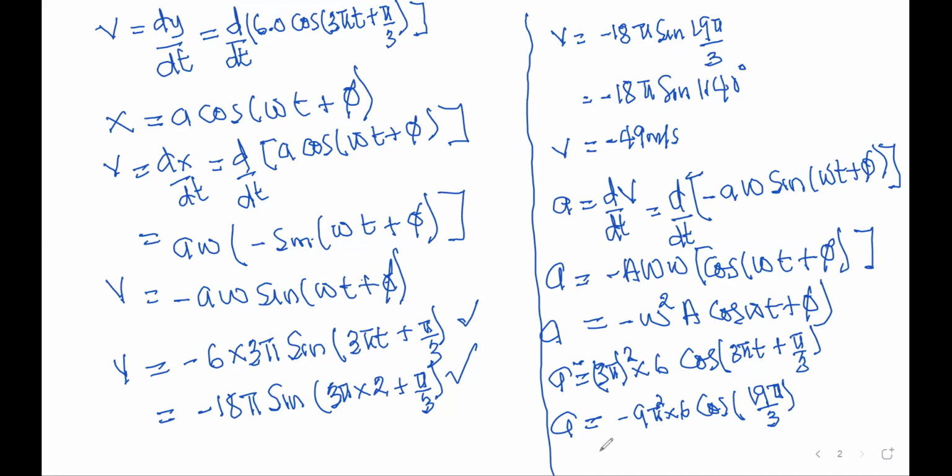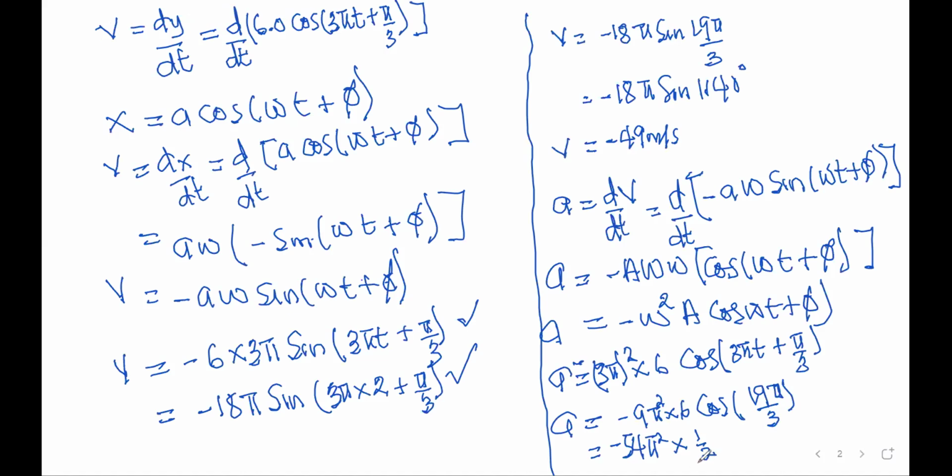And what is 9 times 6? This will give us negative 54 pi squared cos 19 over 3 pi, or 1,140 degrees, which is equal to half.